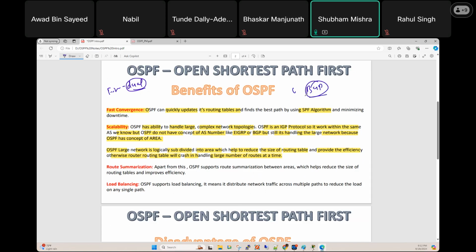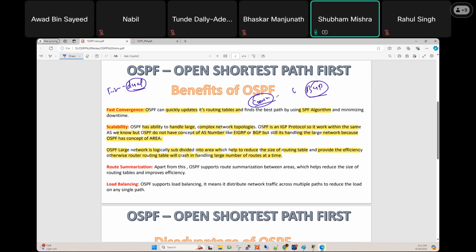Let's suppose you ask the router on which you configure OSPF to handle 1,000 routes at the same time; it is not possible. Your routing table will crash. This is the disadvantage of OSPF.